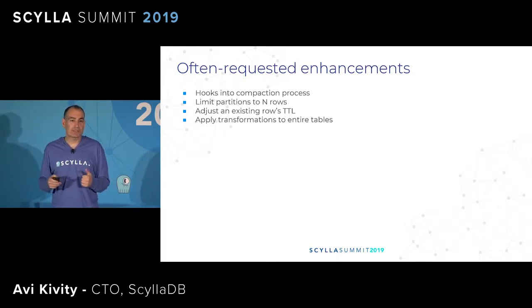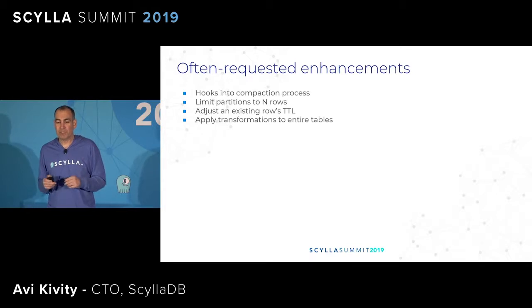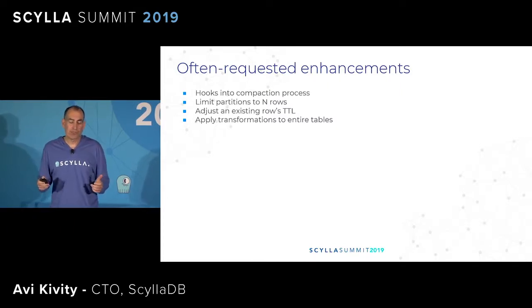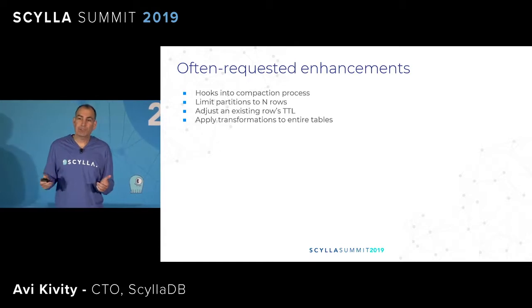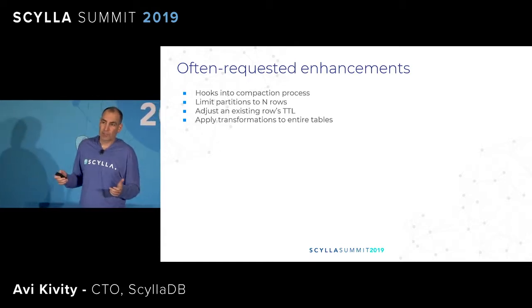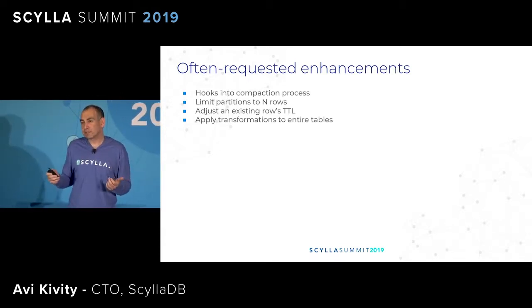The TTL is deeply tied into the value itself. So right now, there's simply no solution for that, apart from just not using TTLs at all and issuing deletes from outside. And lastly, people want to do transformations to entire tables. And what people use now is things like Spark. But Spark lives outside the cluster.